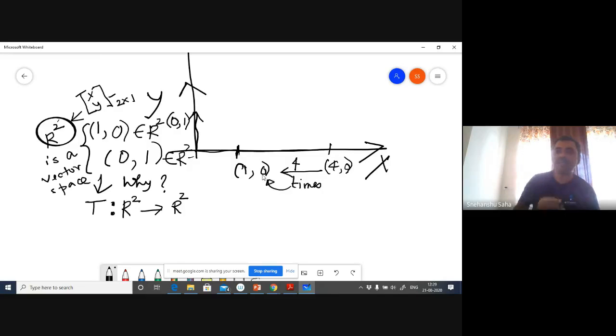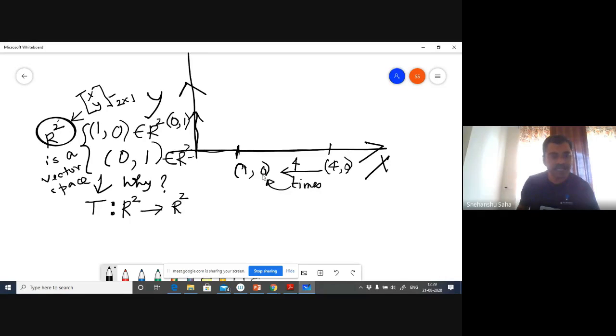We can do that, right? From your calculus ideas, you can cook up a function which can take input from a space and map it to an output space. So there is an input space and there is an output space. In this case, both your input and output spaces are R2 vector spaces.